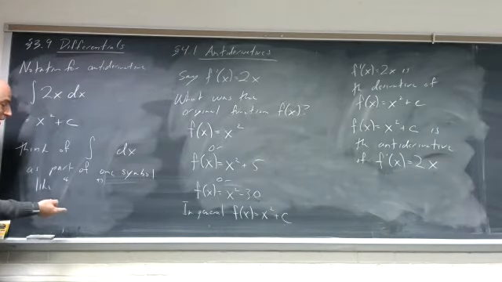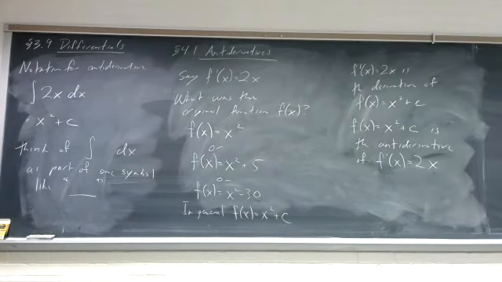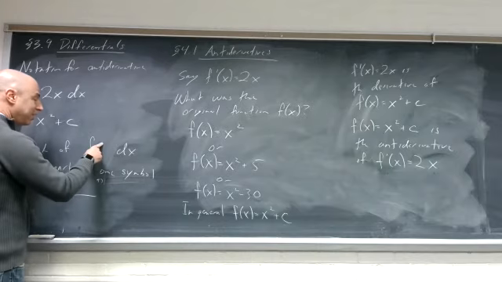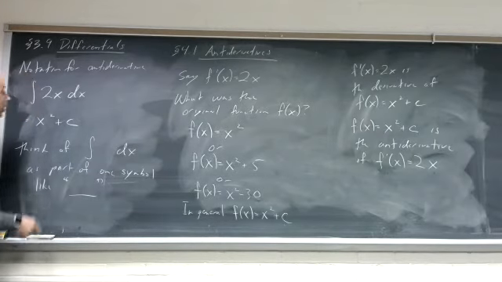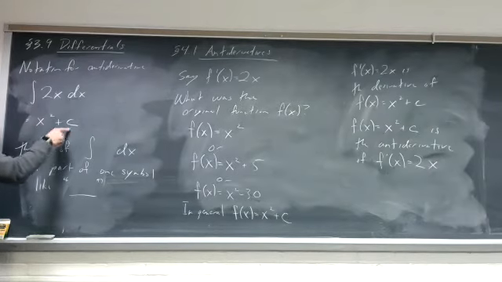Those don't really do anything by themselves. You put something in the middle and they function together as part of one symbol. So open quotes, the thing you want to take the antiderivative of, close quotes. So the antiderivative of 2x is x squared plus c.